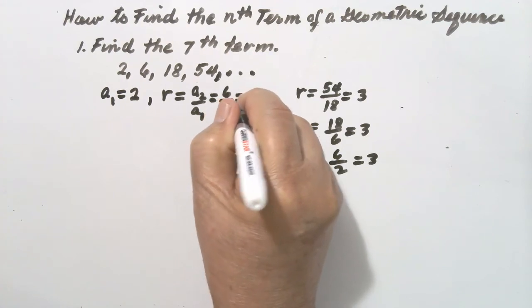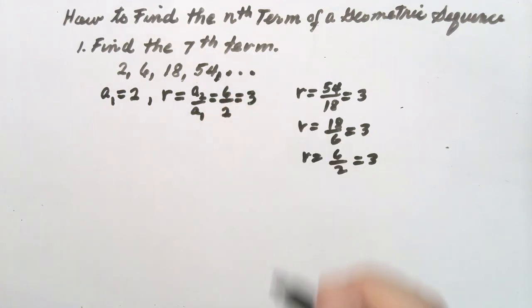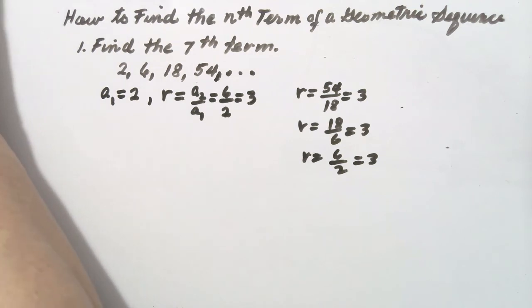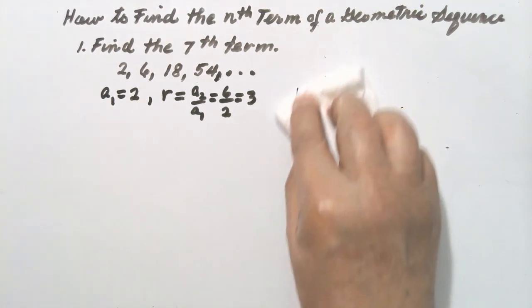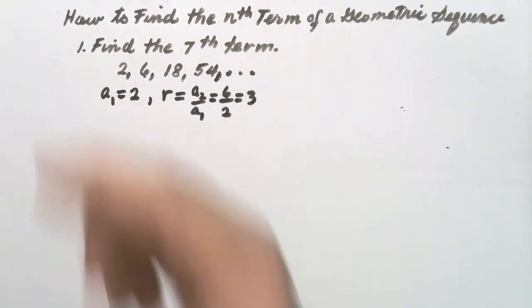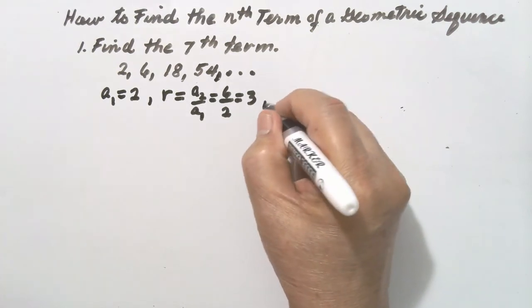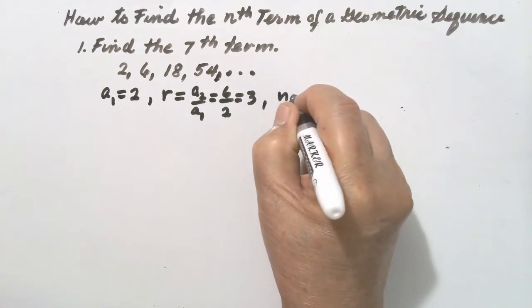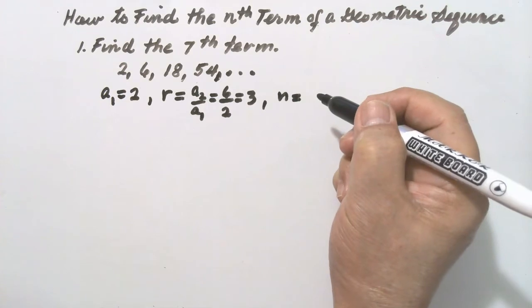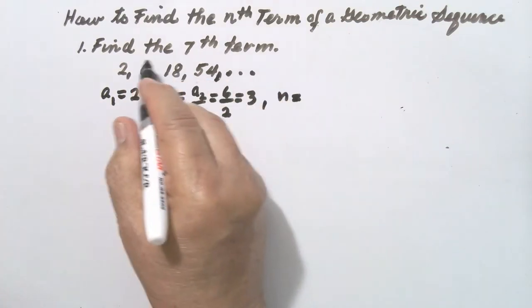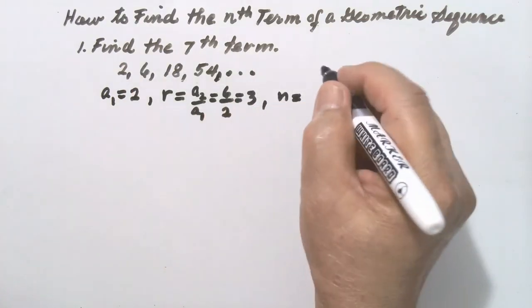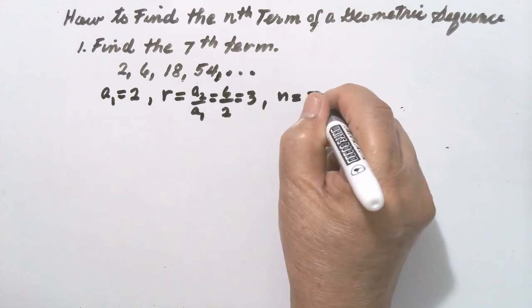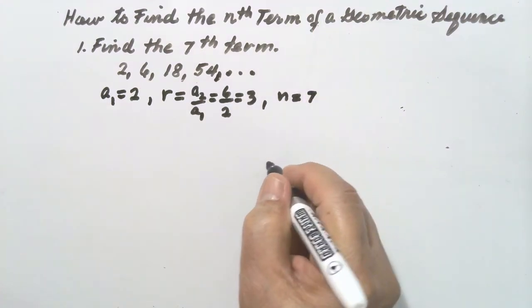So the ratio is equal to 3. The next thing to do is to determine the value of n. N represents the number of terms. It says find the 7th term. So our n is 7.